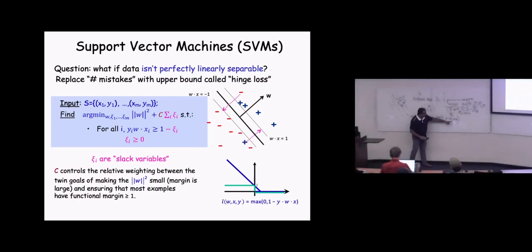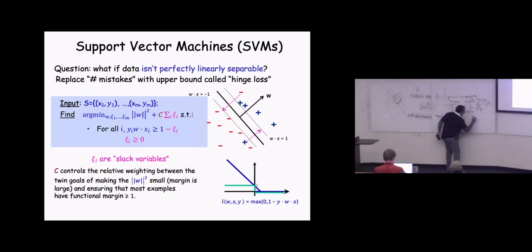Okay. Now if it is exactly 1, still you have 0 loss because you are still on that maximum margin line. If it is less than 1, you are still correctly classifying. So for the region where yi w xi is between 0 and 1, what happens?